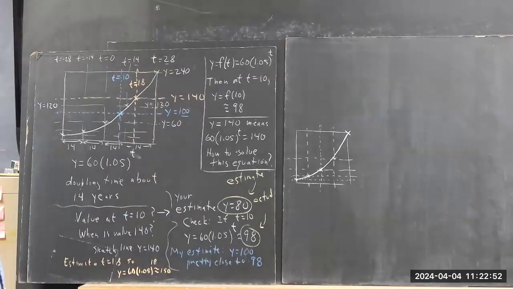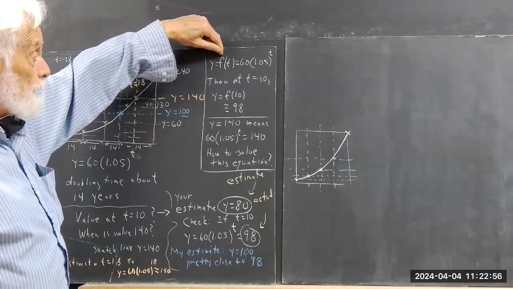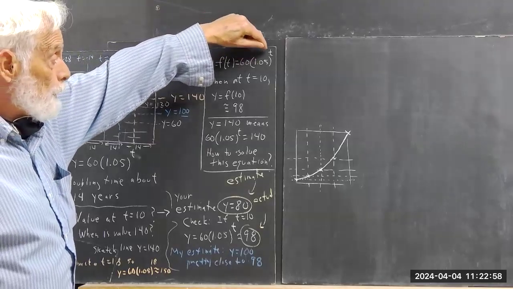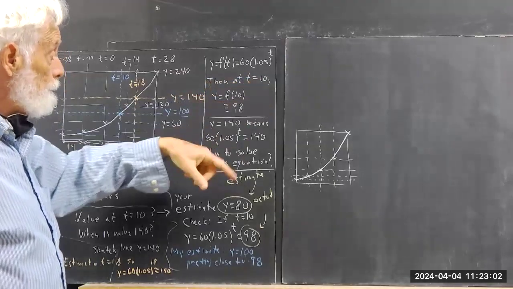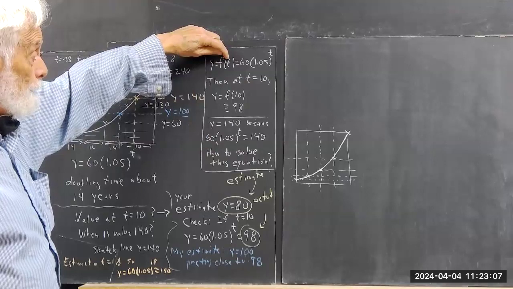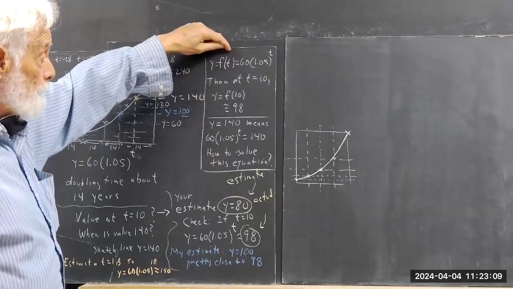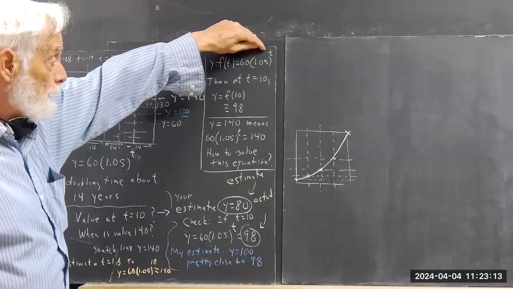Now up here, I say, if we use function notation, y equals f of t equals 60 times 1.05 to the t, then at t equals 10, y is going to be f of 10. And of course, when you replace this t by 10, you have to replace this t by 10.